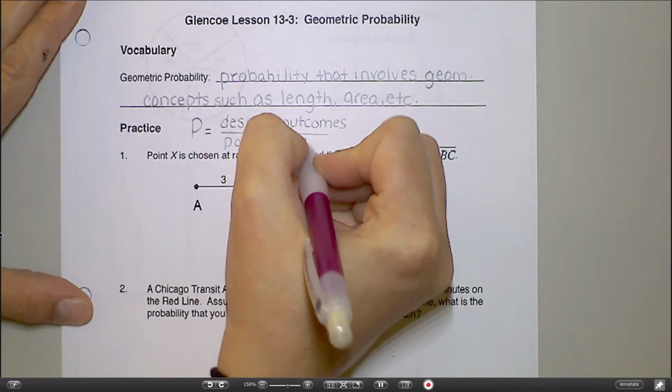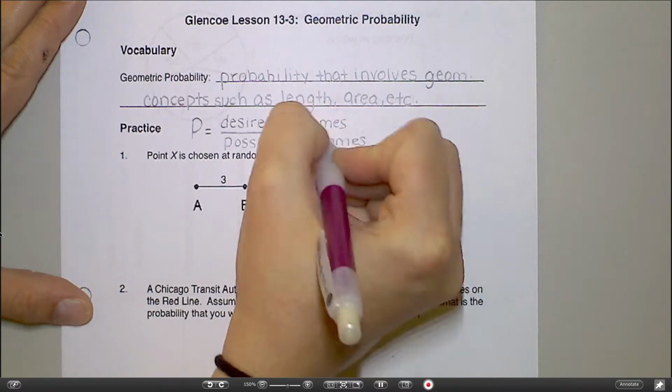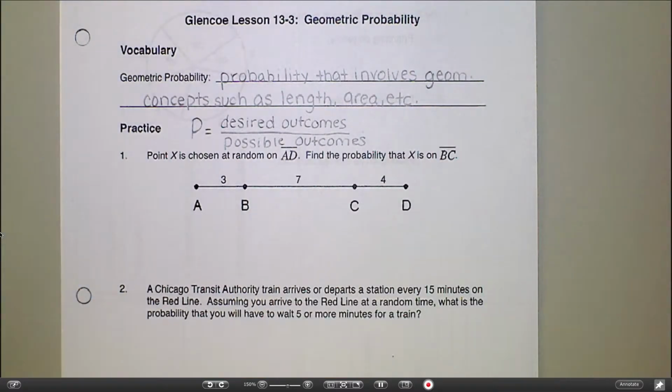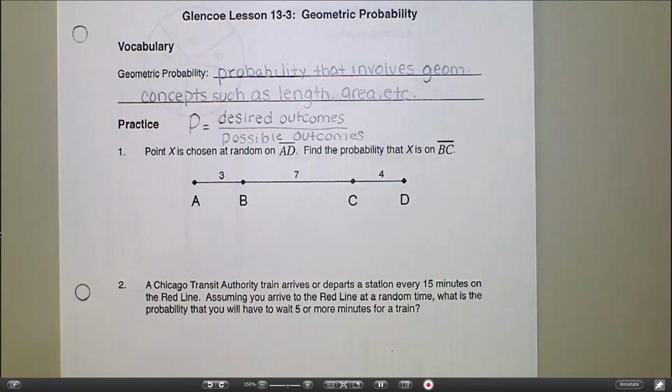And I'll show you what I mean by that with this first problem. Okay? So probability is always what you want out of what all the possibilities are, like a fraction. Okay? So really we're just going to do a few examples here, and then I'm going to turn you loose on some homework.